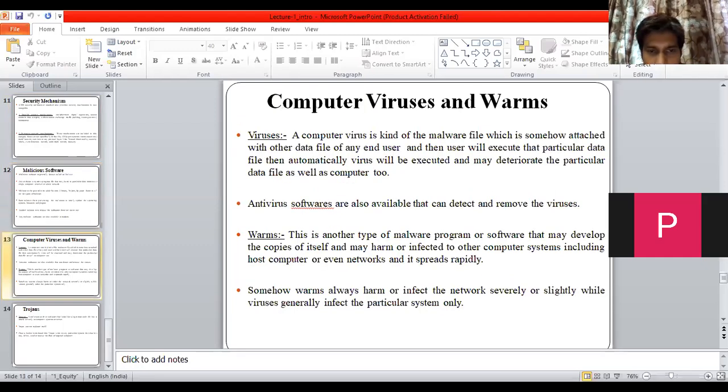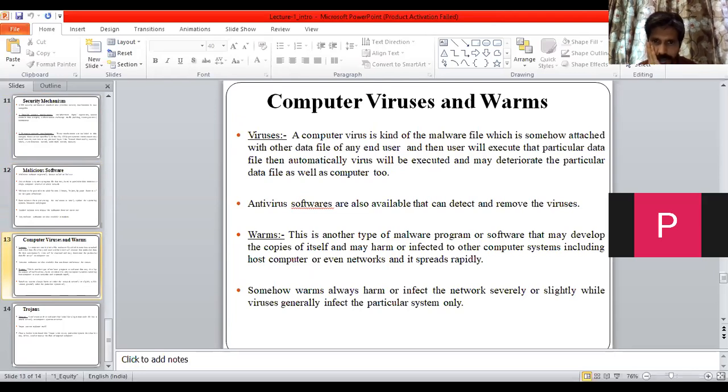Okay, so what is the difference between virus and worms? The basic difference is written here, and now I'm reading that line. A computer virus is a kind of malware file which is somehow attached to another data file of an end user, and then the user executes that particular data file.